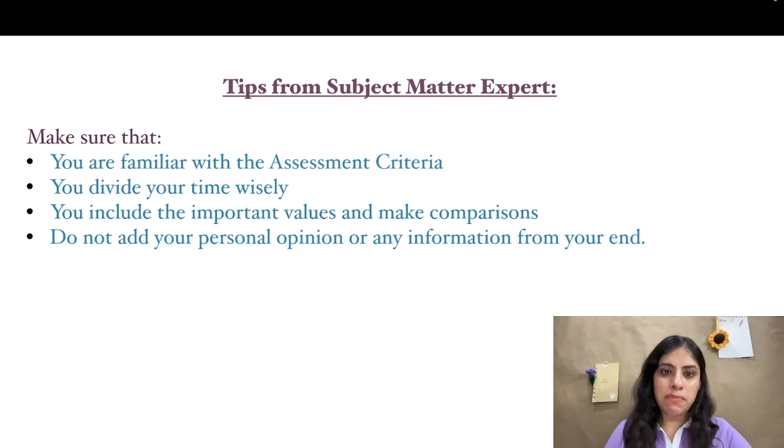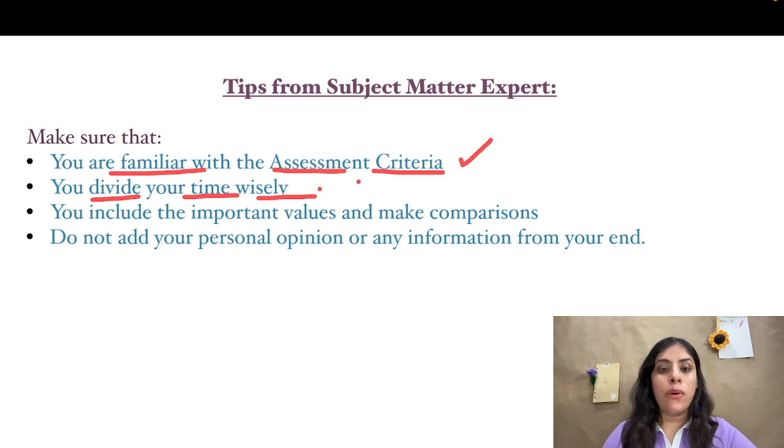So, some of the tips which I want all of you to take care of is that make sure that you're familiar with the assessment criteria. I will be discussing this in another video, so do look out for that. Then you divide your time wisely. Now, completing this task under 20 minutes can be both an easy task and a daunting one.